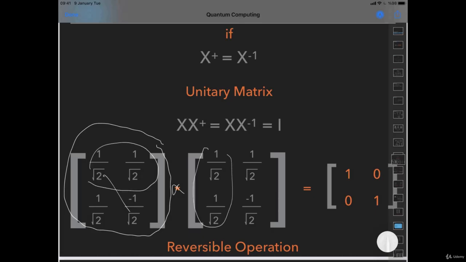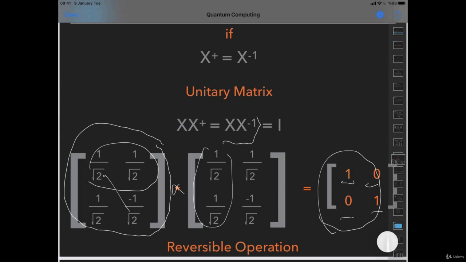So if you do this multiplication, you will get 1, okay? Just 1 over 2 plus 1 over 2 will give you 1, and then you will get 0 if you do the following, and it's actually the identity matrix, as you can see. So this is the identity matrix that we are talking about.